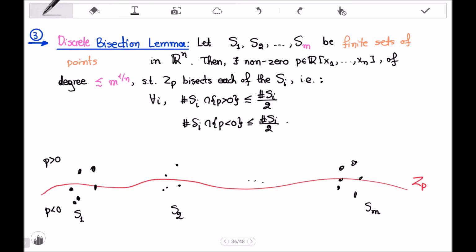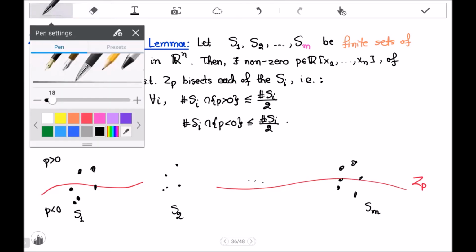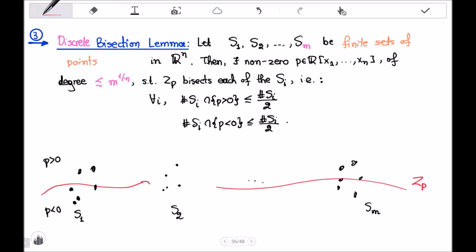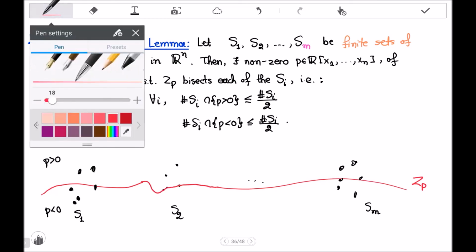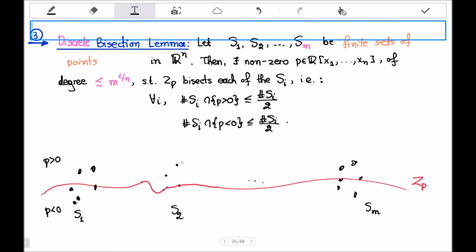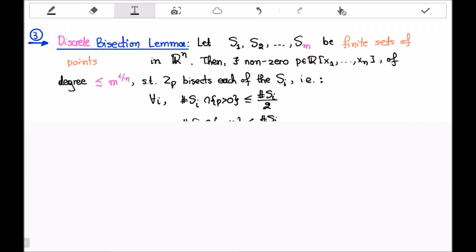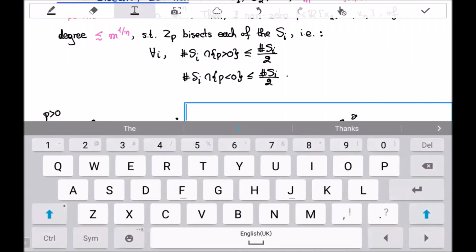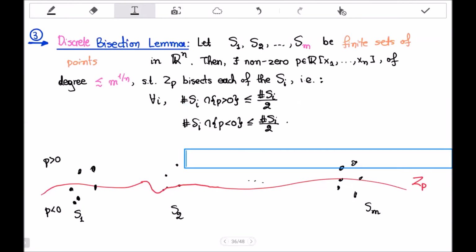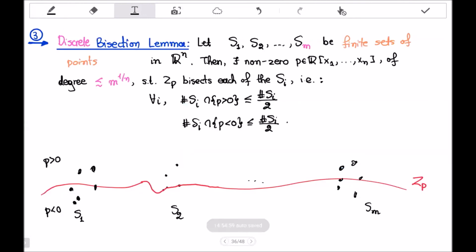I just wanted to say here what this bisection means even for S2. So notice S2 has 5 points here. If the zero set passed through the 3 at the bottom, like this, it would still be bisecting S2, because on the one side, okay, no panic.